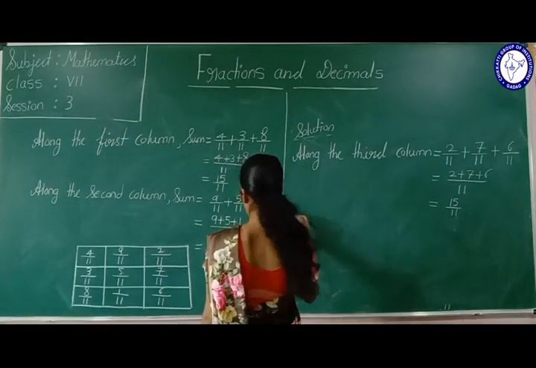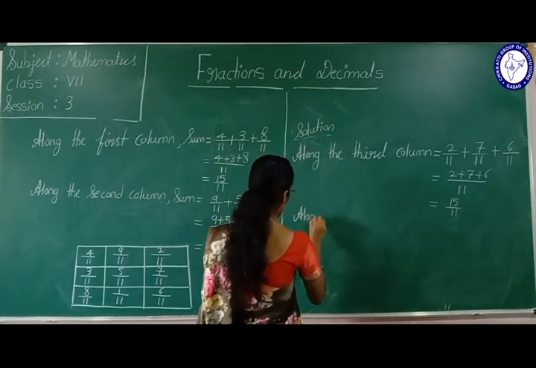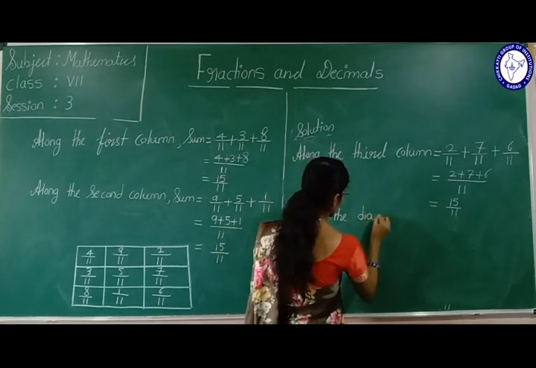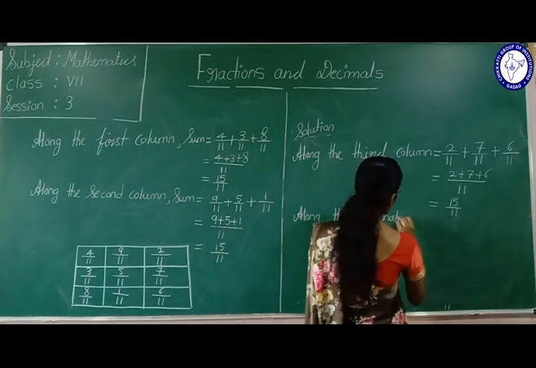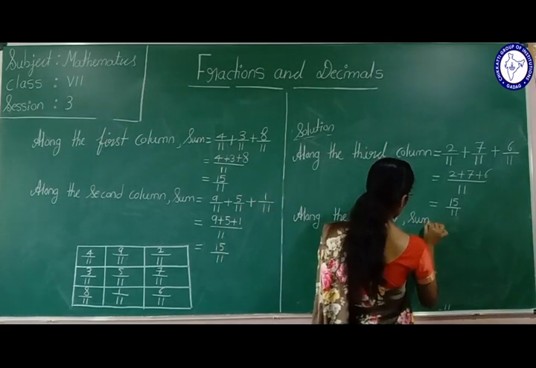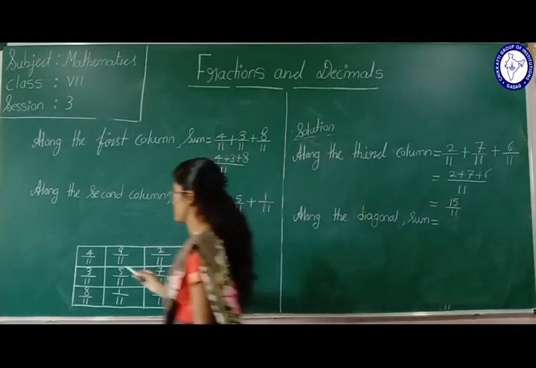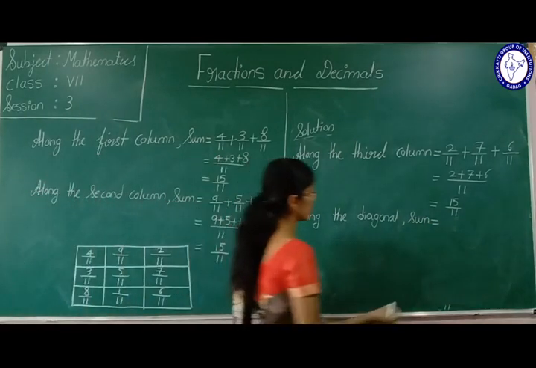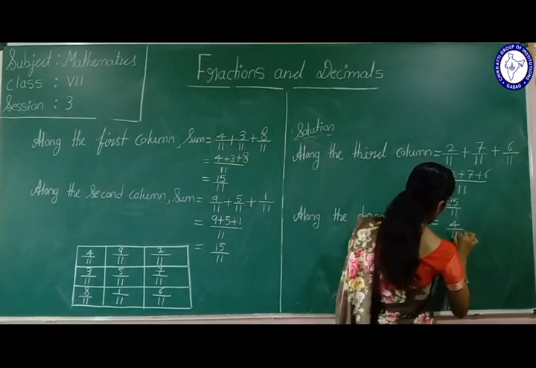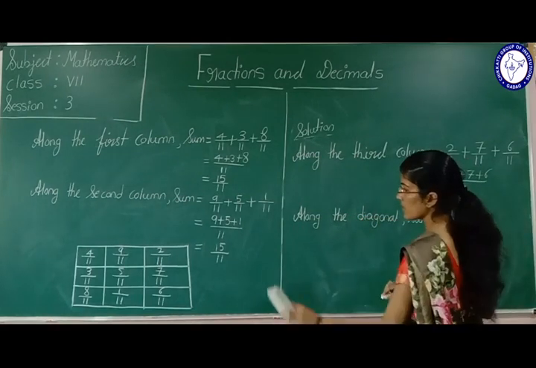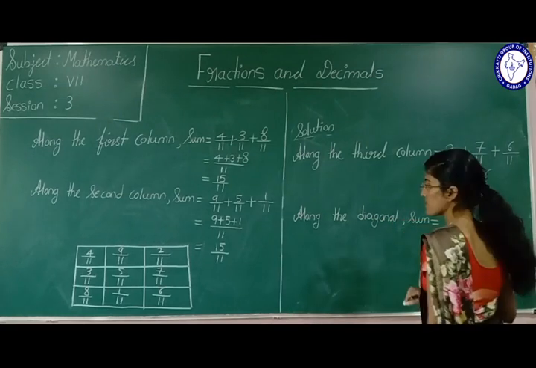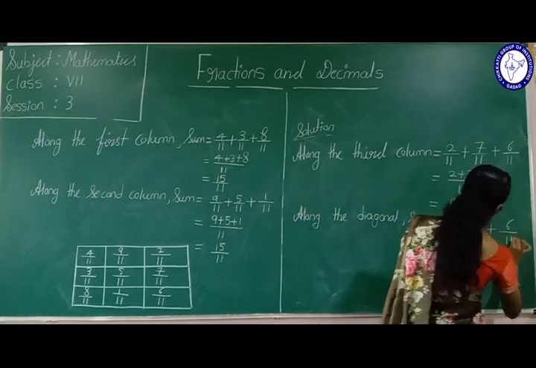Okay, along the diagonal, sum is equal to, see here, 4 by 11 plus 5 by 11 plus 6 by 11.